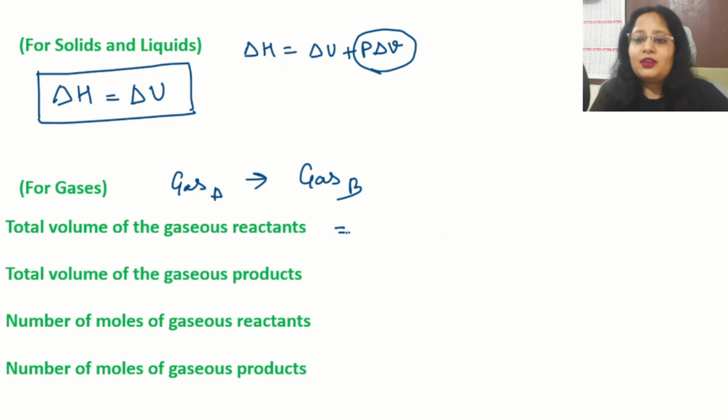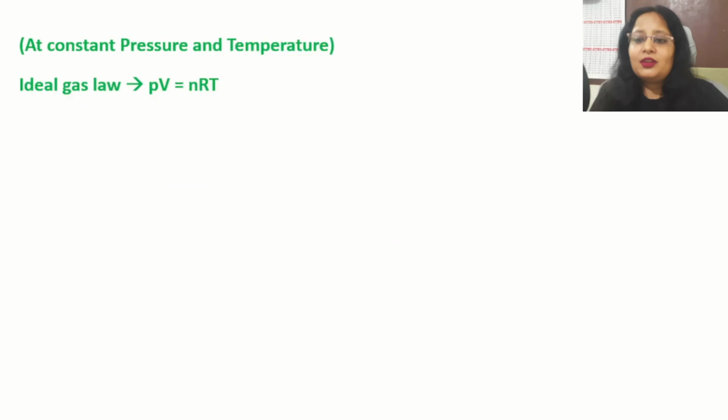Let's take the total volume of the gaseous reactants as VA, and the total volume of the gaseous products as VB. The number of moles of gaseous reactants will be nA, and the number of moles of gaseous products we will assume nB. As we are talking about gases, at constant pressure and temperature, the ideal gas law is PV equal to nRT.